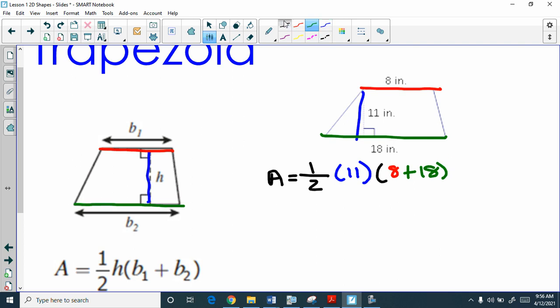And at this point, you guys can type it into your calculator to get your answer. And when you type it in, you're going to get 143 inches squared. Now to find the perimeter, we would have had to have known this value here and this value here. And since we don't know it, we can't find the perimeter.